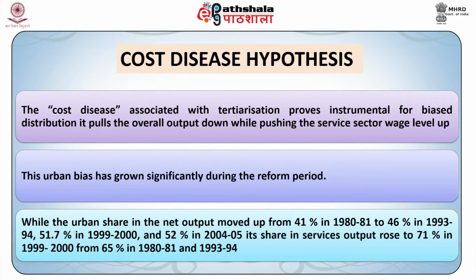This is evident from the fact that while the urban share in the net output moved up from 41% in 1980-81 to 46% in 1993-94 to 51.7% in 1999-2000 and 52% in 2004-05.